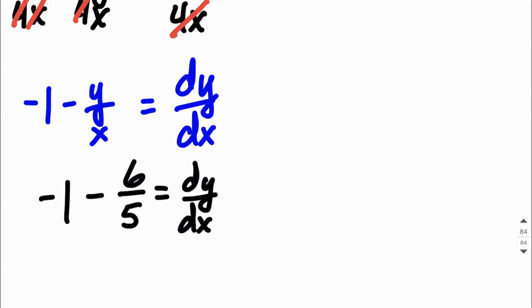All right, all that remains here is let's go ahead and do a little bit of simplifying. We can rewrite that negative 1 with a common denominator of our other fraction as negative 5 over 5, which means the same thing as negative 1, minus 6 over 5, just carrying along that second fraction.